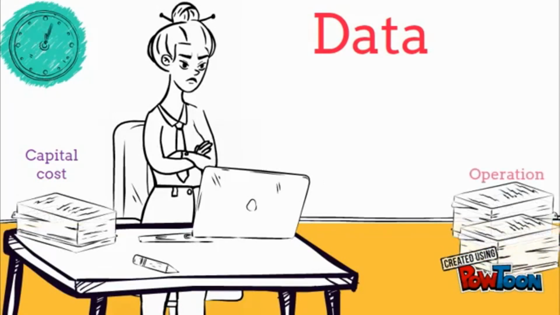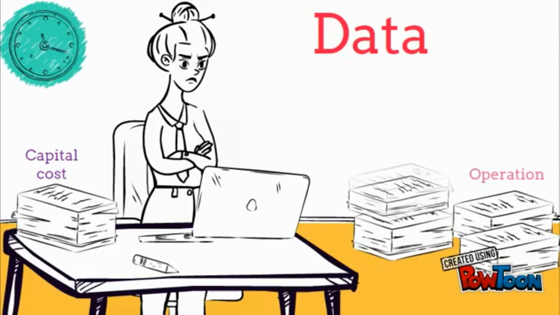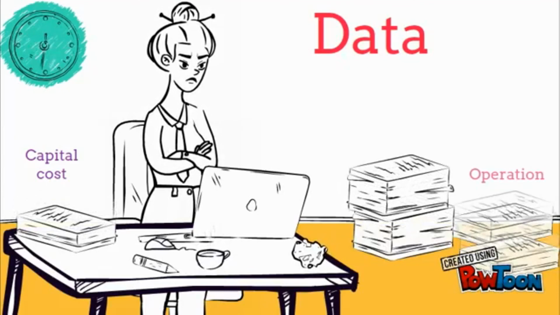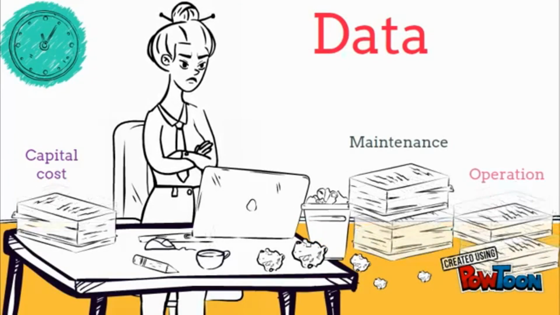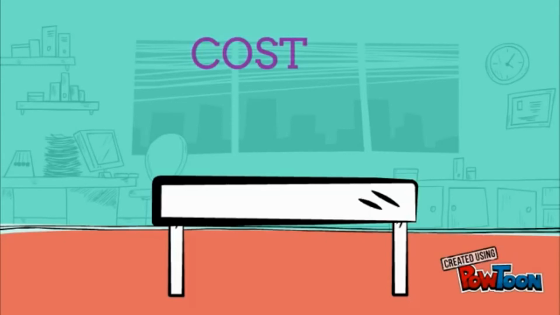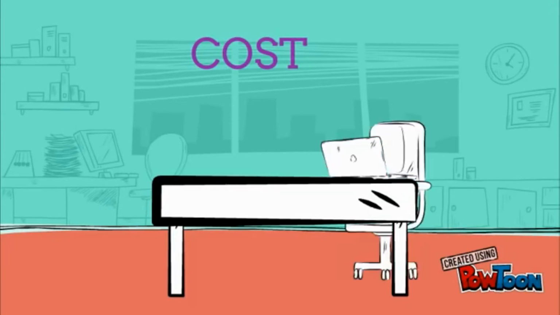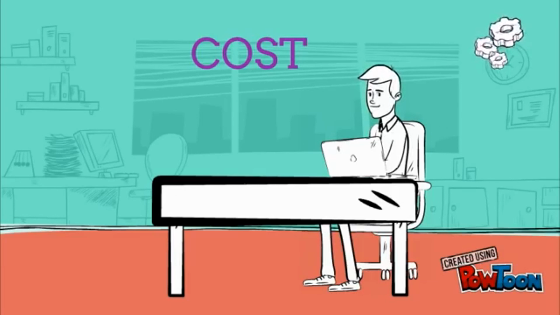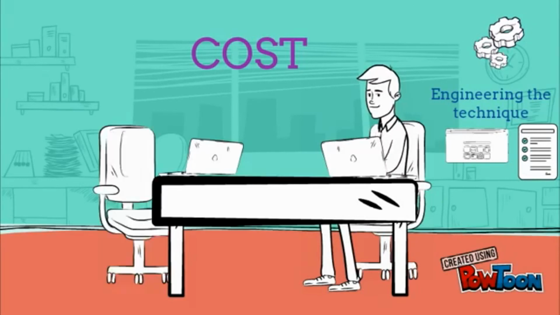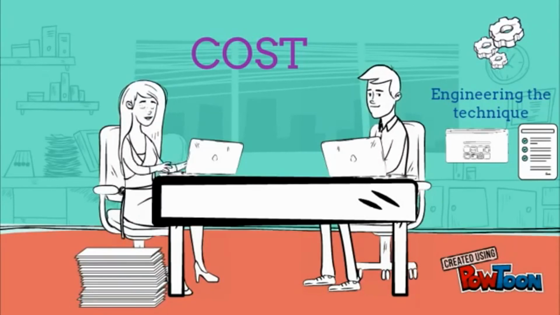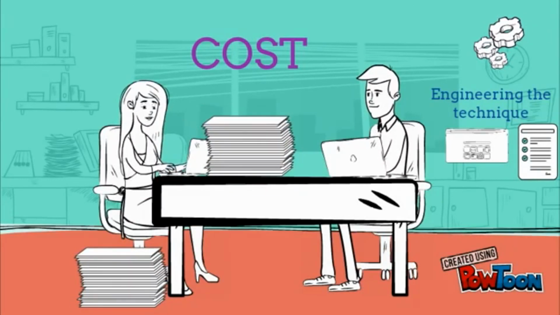The problem arises because of unavailability of capital cost data, maintenance data, and operation data. Lastly, the cost problem. It occurs when the firm cannot estimate these two costs, which are the cost to pay the engineer that conducts this technique and the cost paid for collecting data.